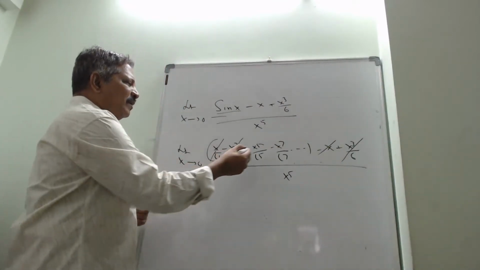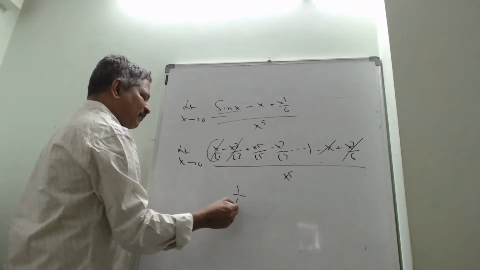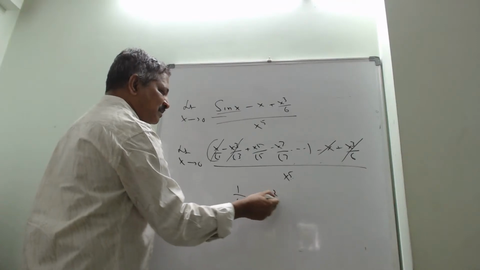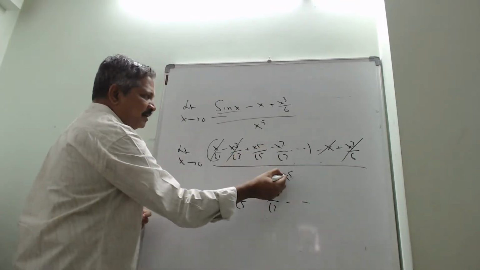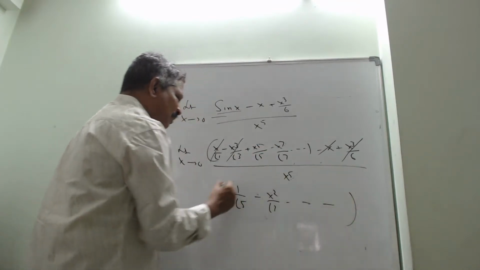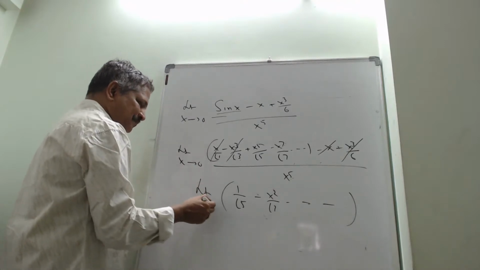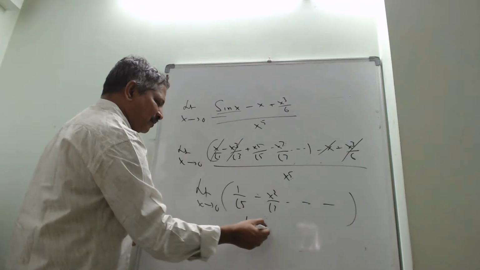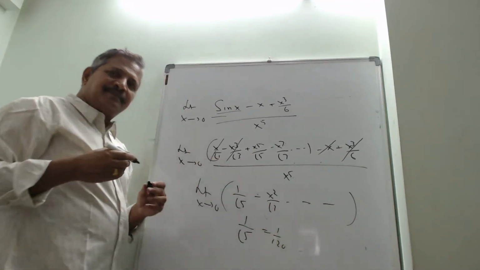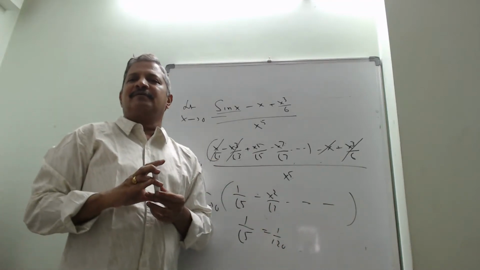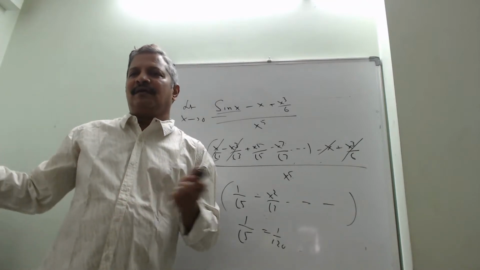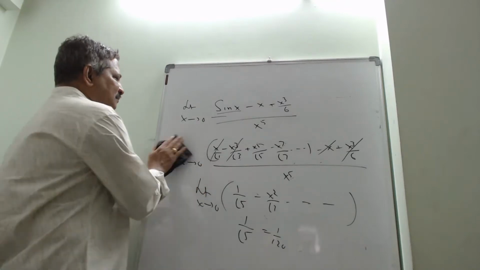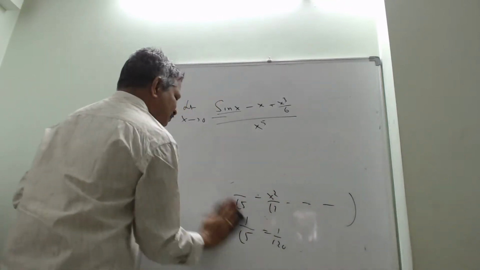So what is left: x power 5 by x power 5, 1 by 5 factorial, x power 7 by x power 5, x square by 7 factorial, dividing and so on. But x tends to 0 is there. As x tends to 0, these will become 0. So what is left? 1 by 5 factorial, 1 by 120. This is correct.